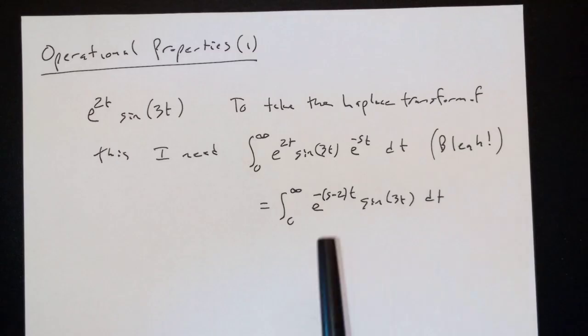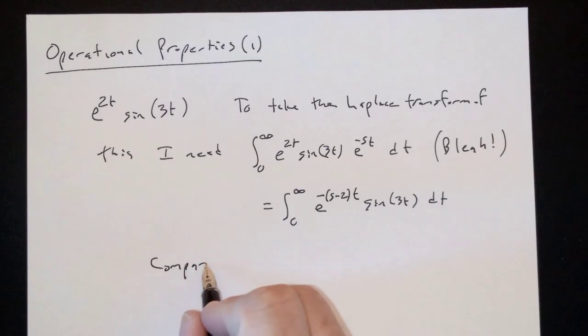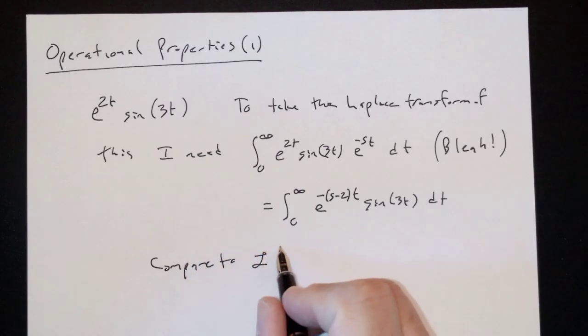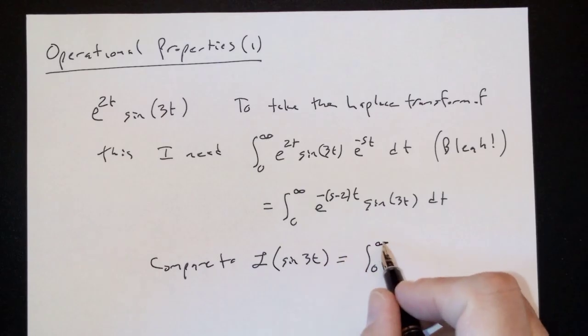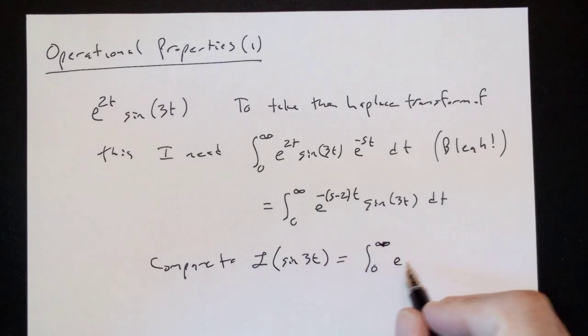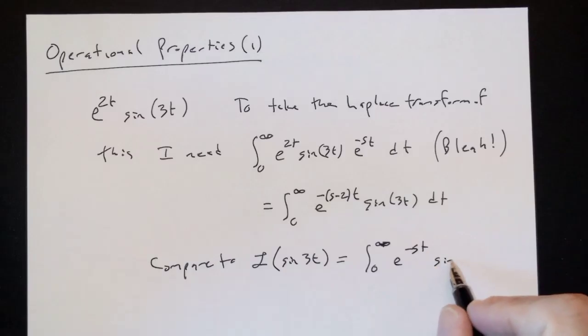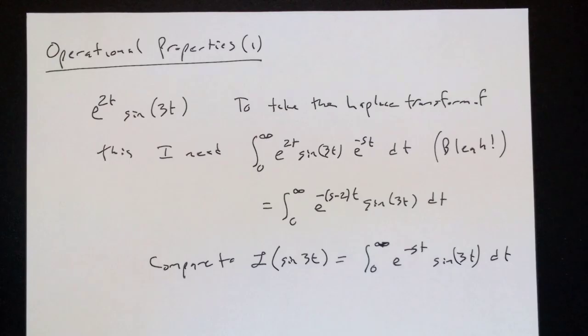The only difference between this and the regular Laplace transform is instead of s, I have s minus 2. So I could do a u substitution here.